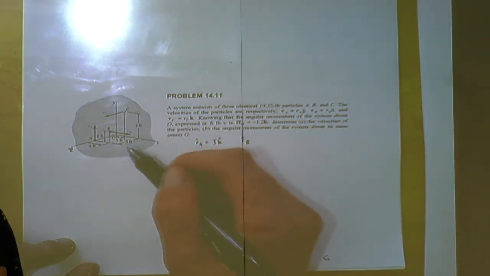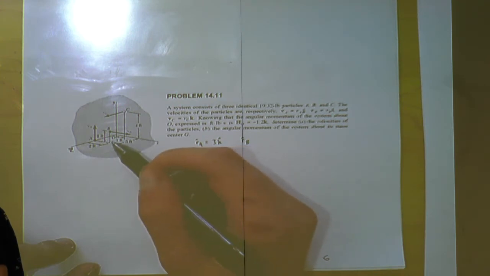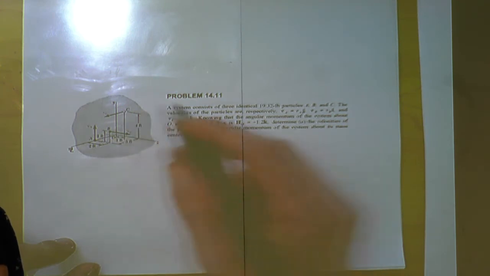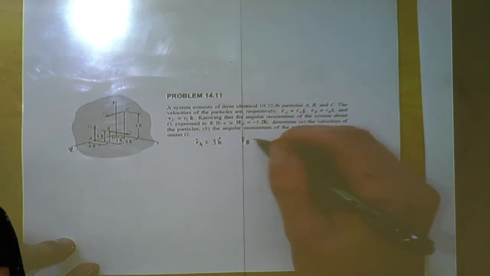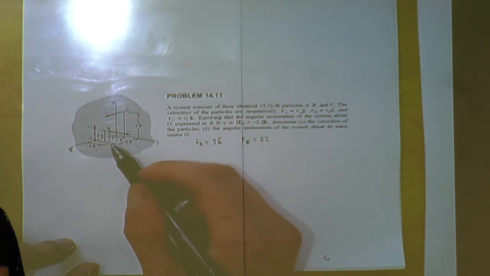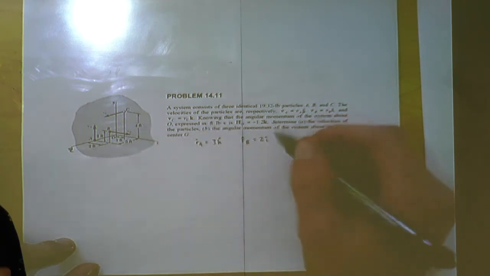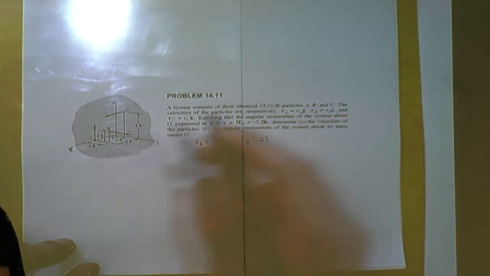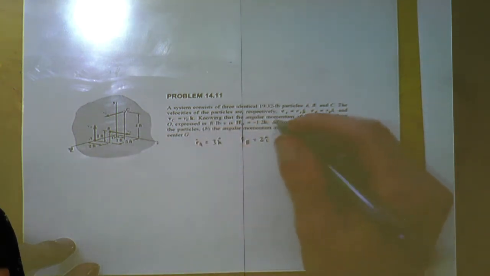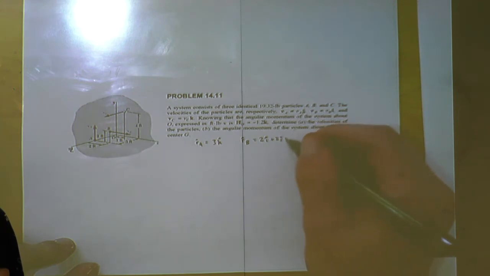It's also 3 feet from the x-axis, but it's also up 2 feet in the y direction. So we have 2i. Oh, and it's also 2 feet along the x-axis. So we have 2i plus 2j plus 3k.